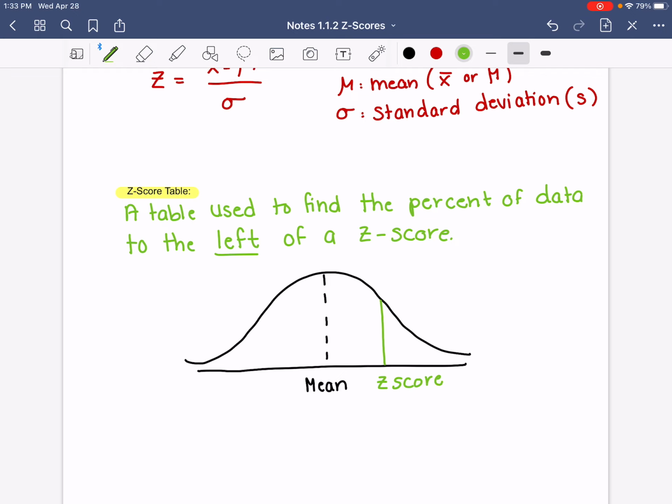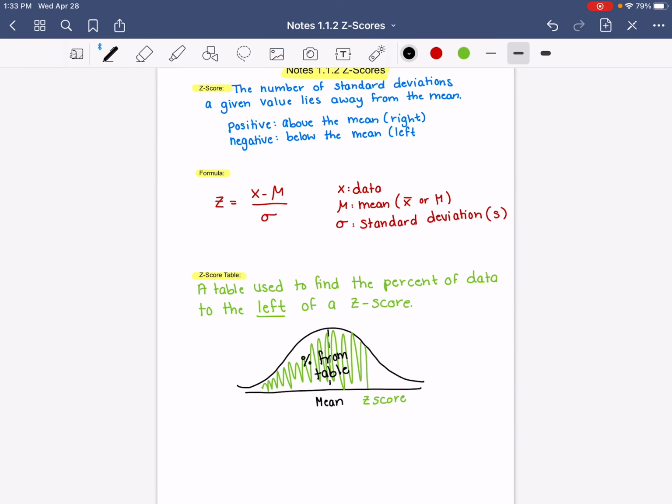This table is going to tell you what percent of data lies to the left of that z-score. So the percent from the table is going to be on the left.